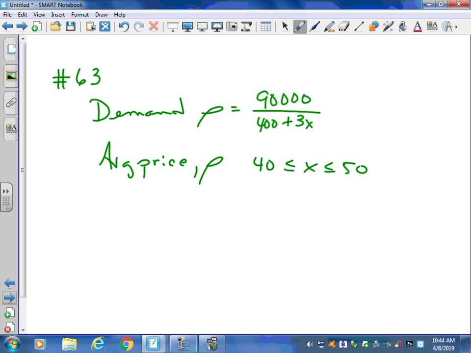So this problem is just slightly easier to work than it could have been because they didn't ask me for revenue, cost, or profit. They asked me for average price, and that is the price formula. So at least I don't have to convert it to revenue or something else. So I'm going to be integrating the price formula from 40 to 50.